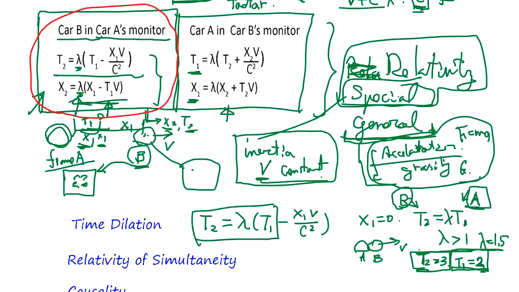Okay, what does it mean? So which clock is ticking faster, frame B or frame A? Well, we have to phrase the question this way. Suppose you have one job to do, and one guy took 3 days, another guy took 2 days. Who is slow? 3 days, right?